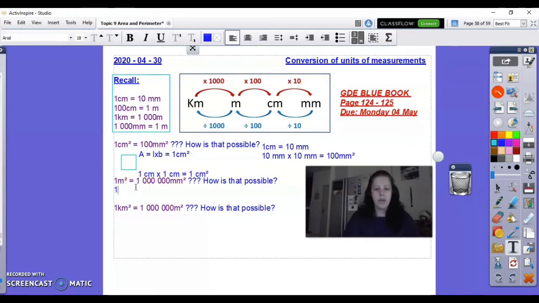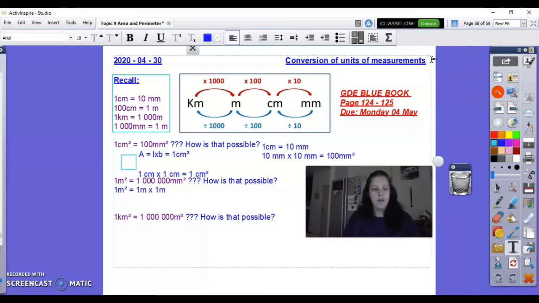1 meter squared is actually 1 meter times 1 meter. If I were to convert 1 meter to millimeters, we already know I need to multiply it by 1,000. So it would give me 1,000 millimeters.